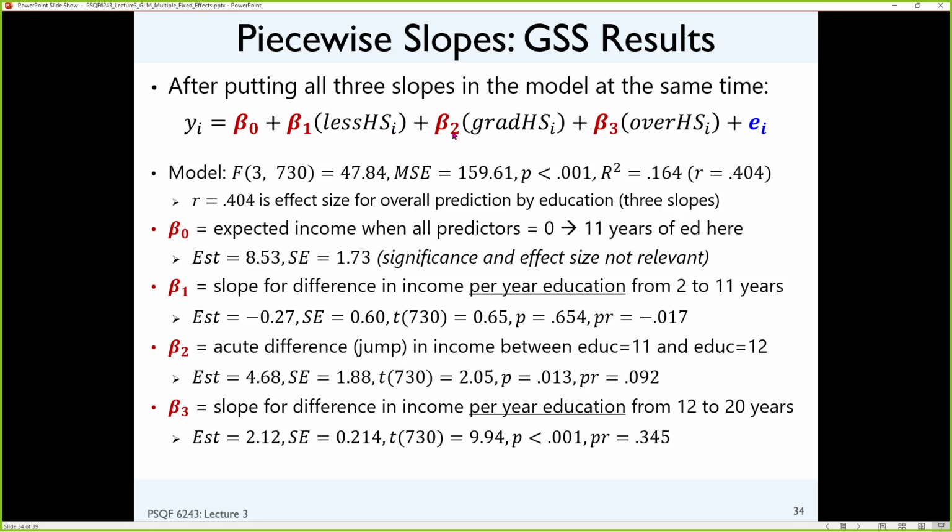Beta 2 kicks in after that and shows me the change in predicted income from 11th to 12th grade. And then beta 3 kicks in after that and gives me the further change in income after 12th grade. So all of these are in the same metric of 1 more year of education. They just cover the range at different points of the variable.